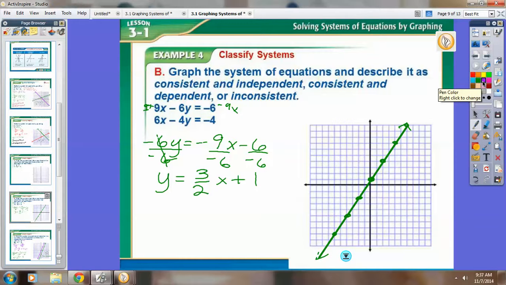For the second equation, we'll subtract 6x from both sides: negative 4y equals negative 6x minus 4.